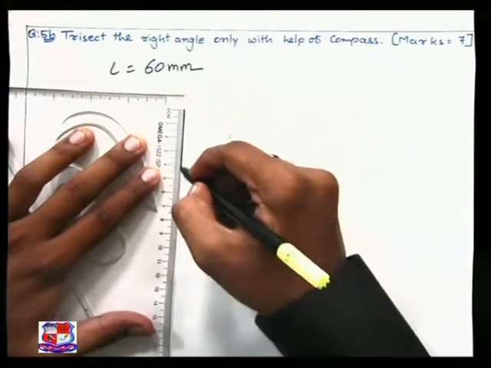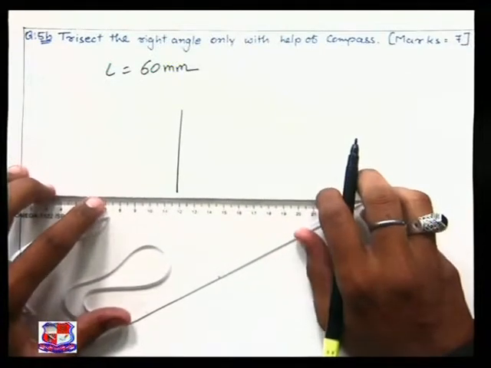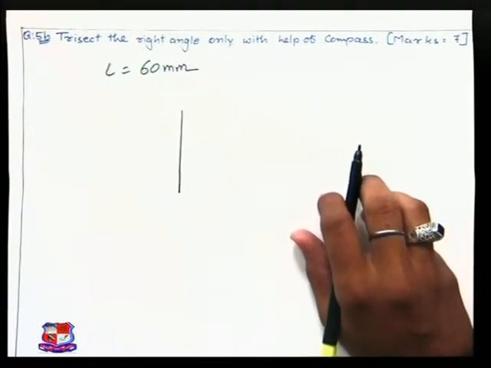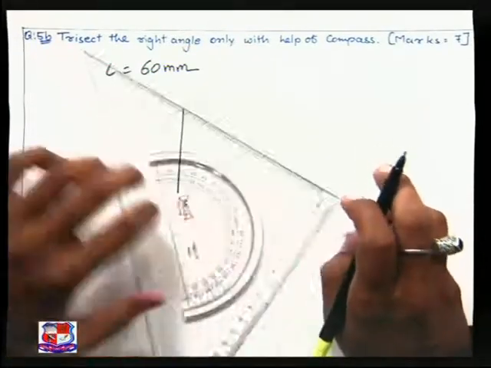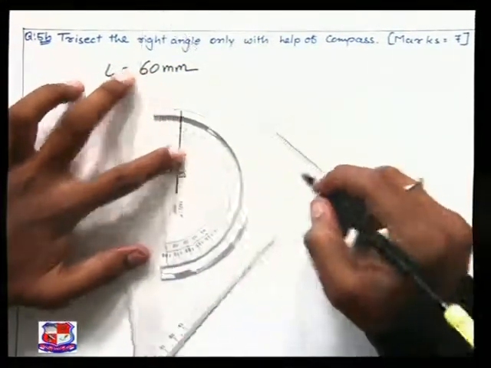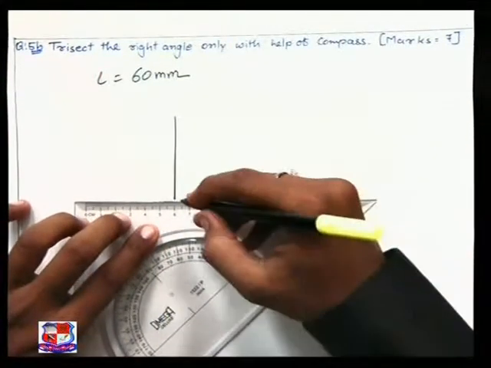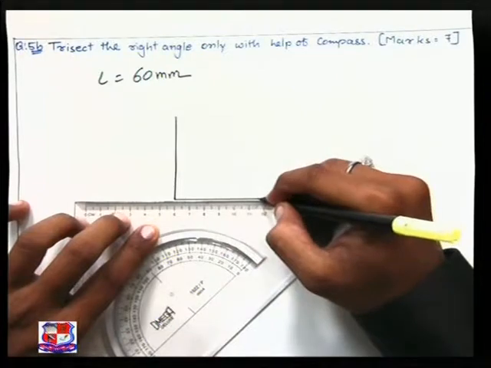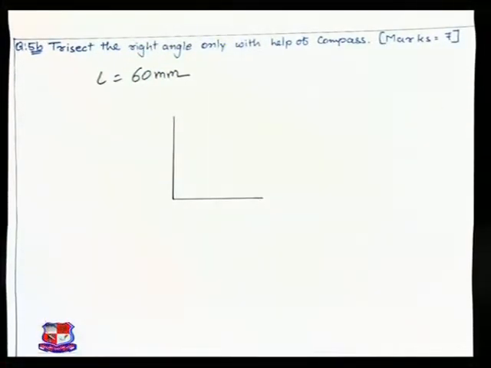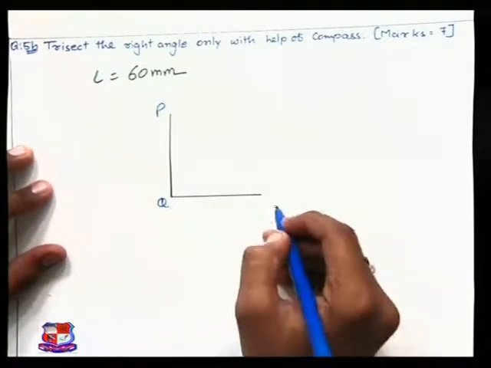I am drawing one line of 60 mm and a perpendicular line to this, one more line of 60 mm. Name it P, Q and R.